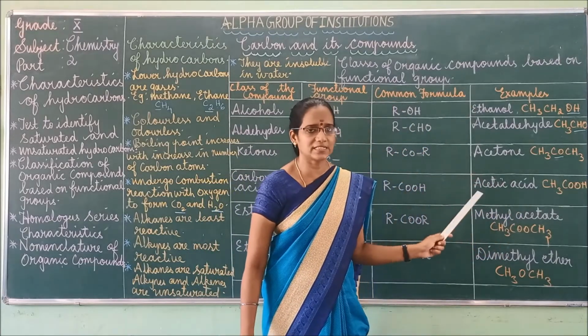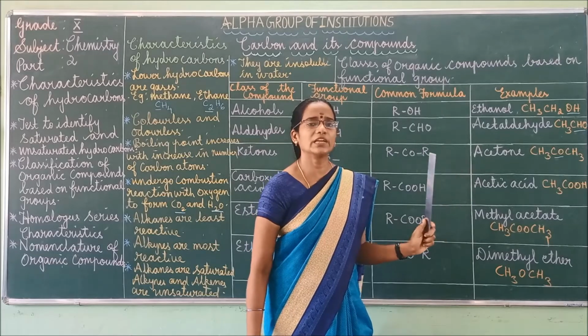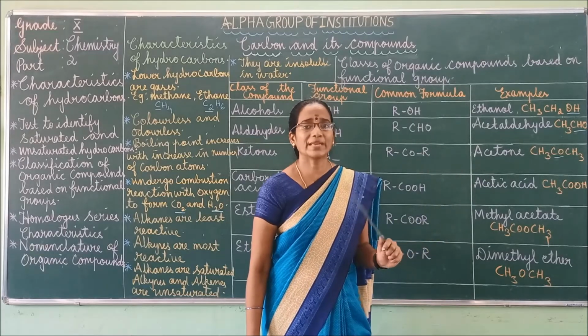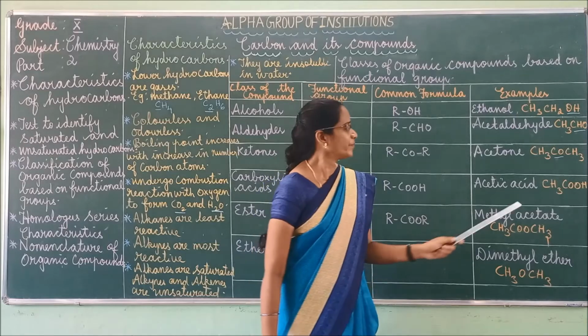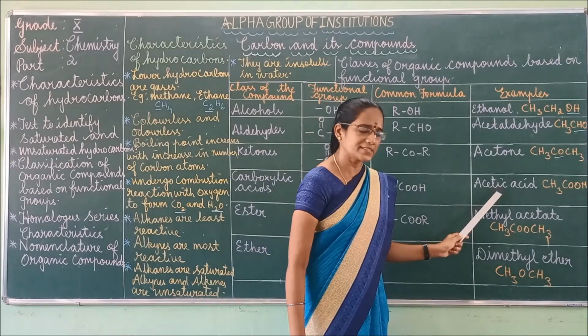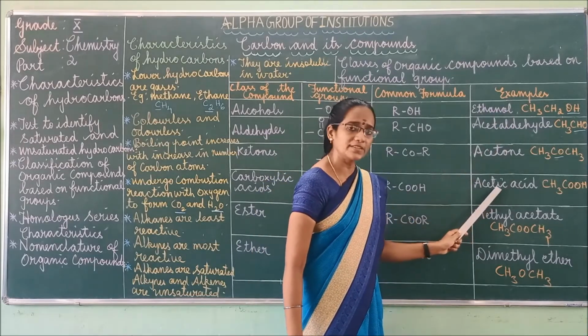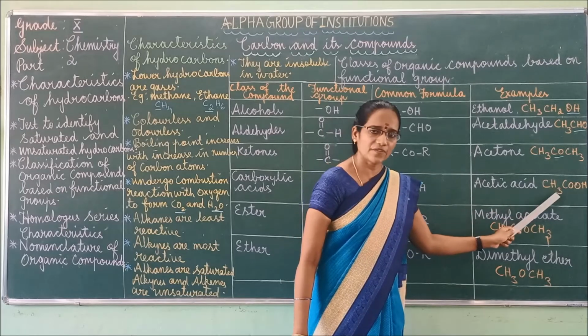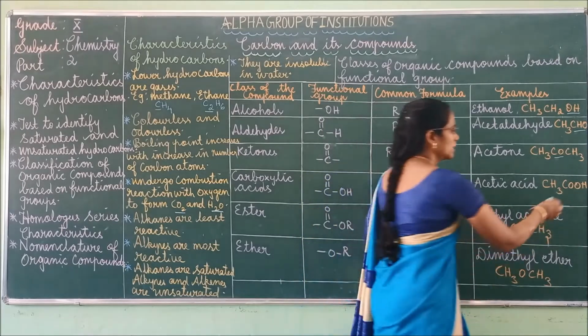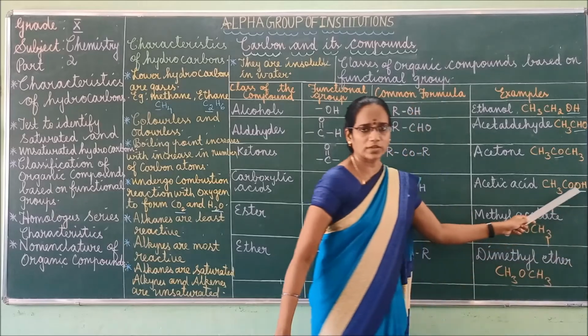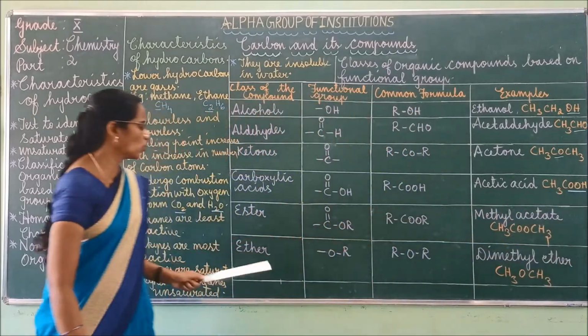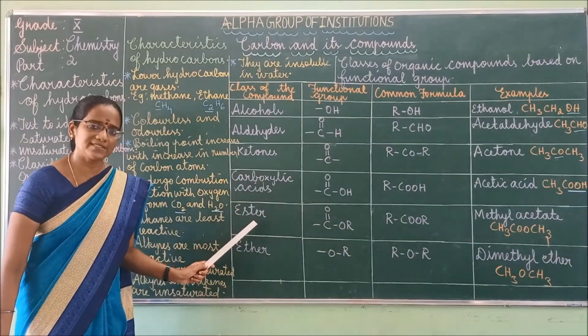Vinegar contains acetic acid. Vinegar is mainly used as a preservative for making pickles, isn't it? So vinegar contains acetic acid. Its formula is CH3COOH.